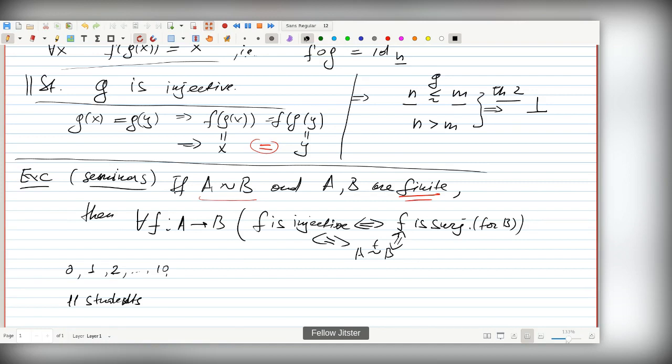That is, no two distinct students had identical marks. Then every mark has been used, because there were 11 students against 11 marks. So they have been assigned marks injectively, hence surjectively, and every mark has been used.